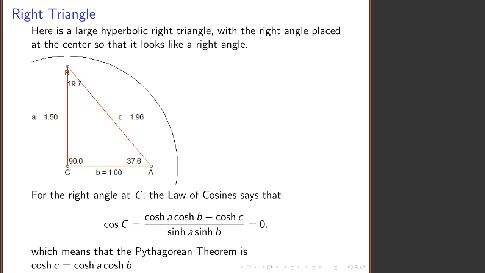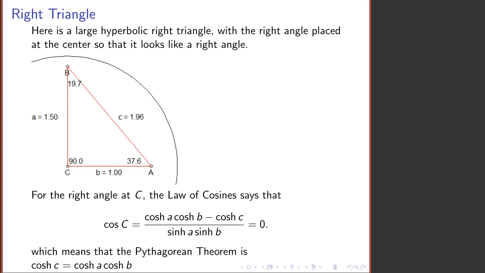Now we can specialize again to a right triangle. And in the Klein model, if I have two lines intersect right at the center of the circle, a right angle actually looks like a right angle. So here is a hyperbolic right triangle with all the hyperbolic angles and hyperbolic lengths correctly labeled.